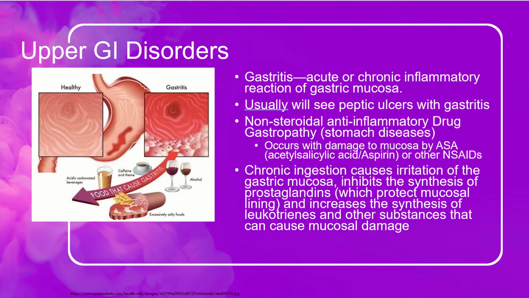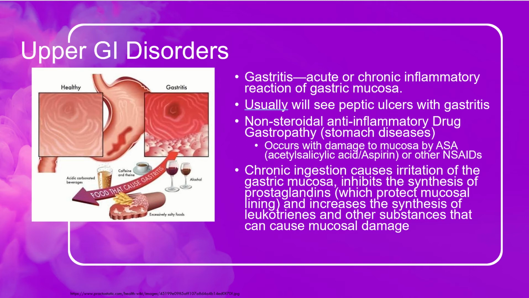All right, so in terms of upper GI disorders, you have gastritis, and that is acute or chronic inflammatory reaction of gastric mucosa. Usually we'll see peptic ulcers with gastritis, and non-steroidal anti-inflammatory drug gastropathy, which is stomach disease, occurs with damage to mucosa by acetylsalicylic acid or aspirin or other NSAIDs.